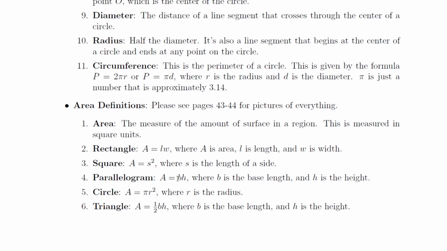For a parallelogram, you take the base times the height, and we'll probably look at a specific example of this. For a circle, pi times the radius squared. The radius is just a line segment from the center point to the edge. And a triangle is 1/2 times the base times the height.